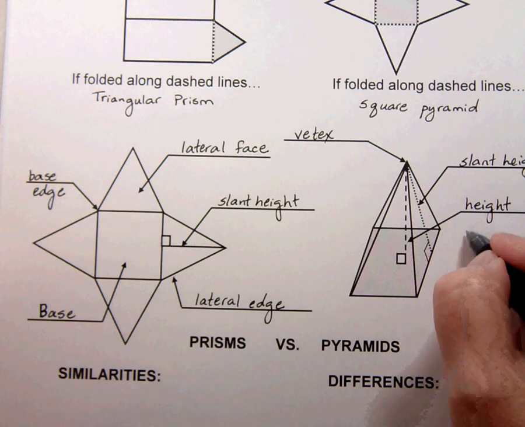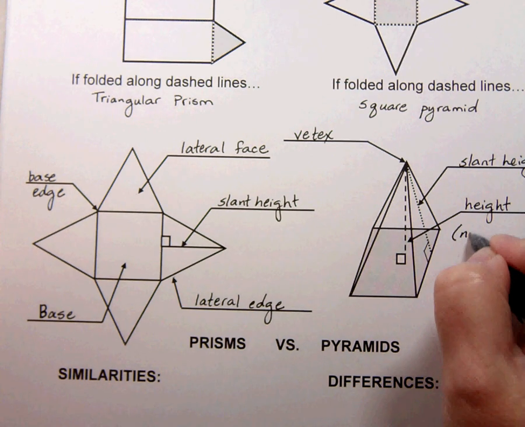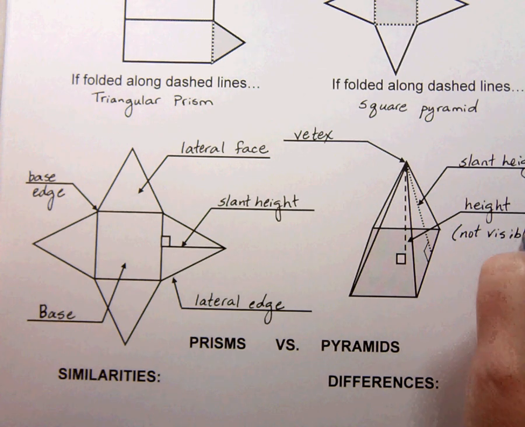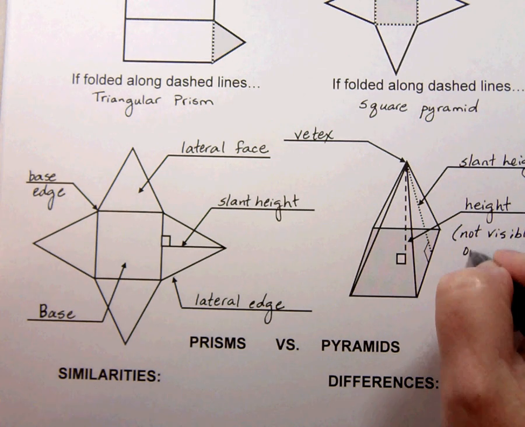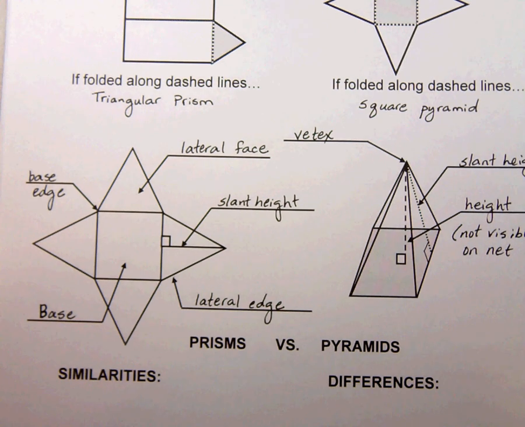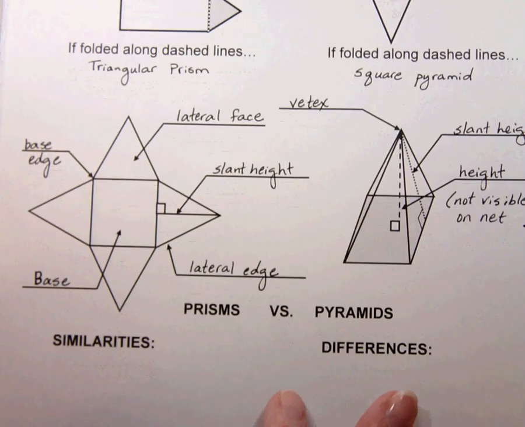You don't see it on a net, so let's write that. It's not visible on a flat net. You won't see it on that, but you will need to use it when you do volume, so we'll talk about that a little bit later.